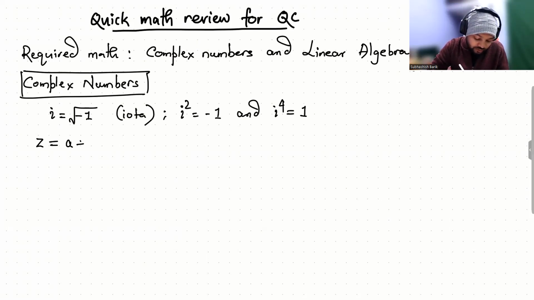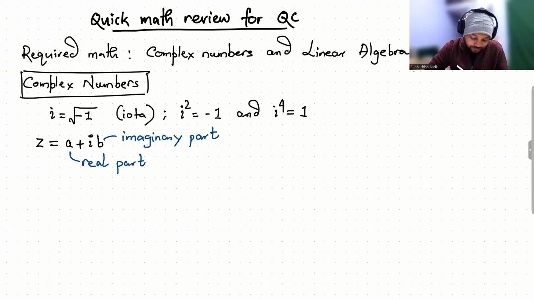Starting from this, the definition of a complex number goes like this: z is the complex number, and it is defined as a + ib, where i is the iota. Here a is the real part, and b is the imaginary part of the complex number z.